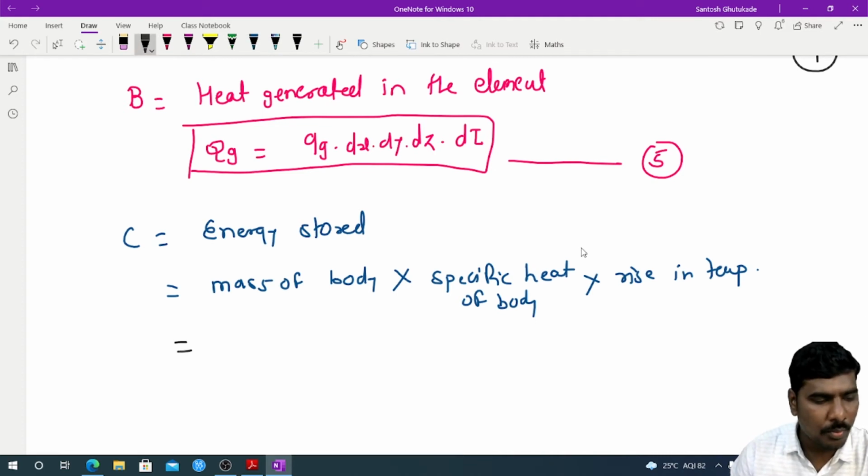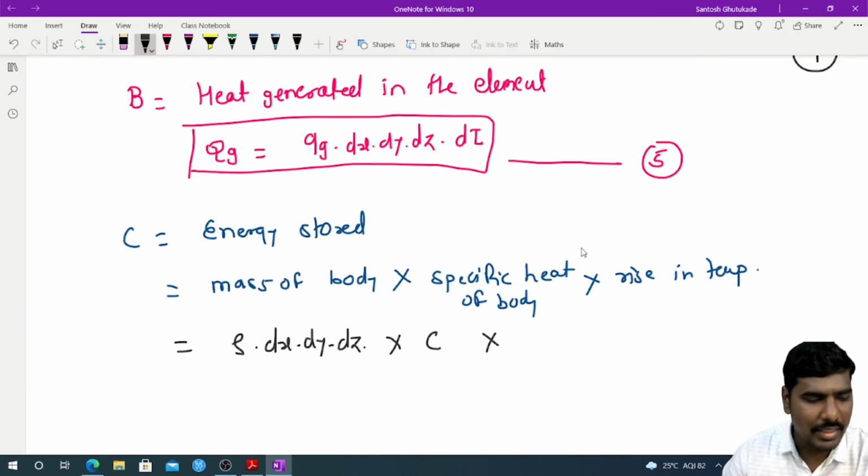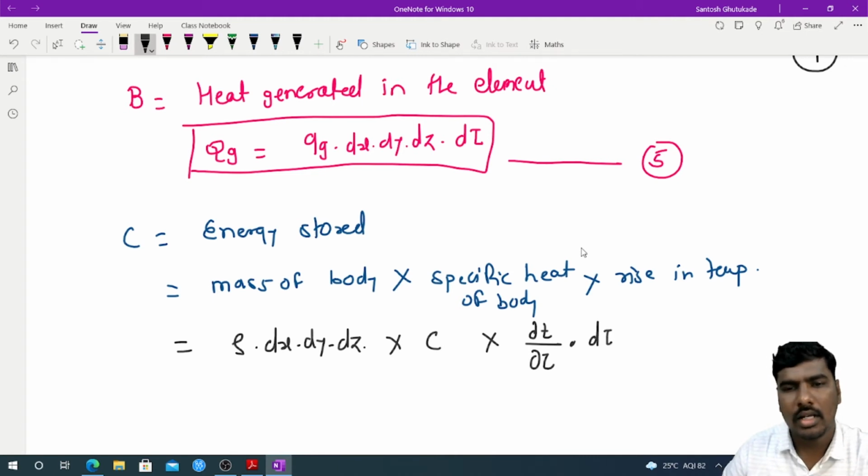Mass of a body is nothing but density into volume, so rho into dx, dy, dz. So that is the mass of body, into specific heat C, into rise in temperature with respect to time, so ∂T/∂tau, and for a given time interval, that is d tau.